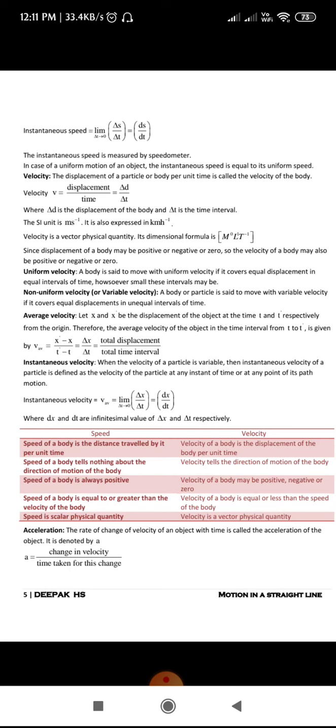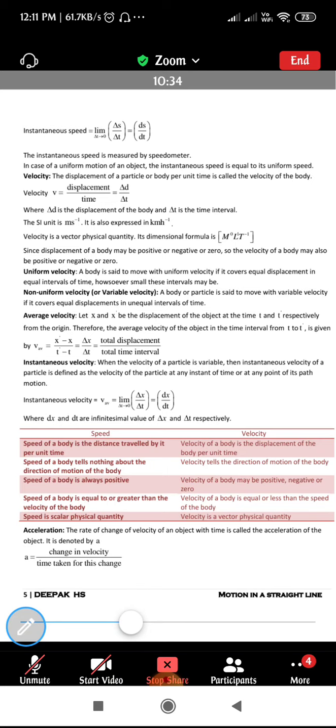So x dash minus x we write as delta x. Similarly, t dash minus t we write as delta t. So that is total displacement divided by total time interval. Okay. So this is regarding the average velocity.